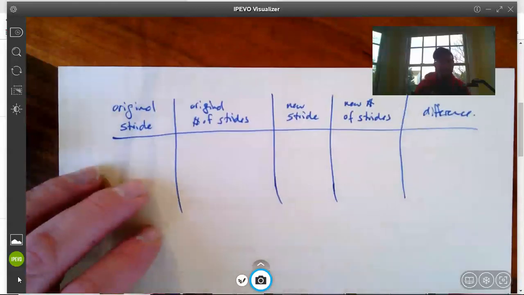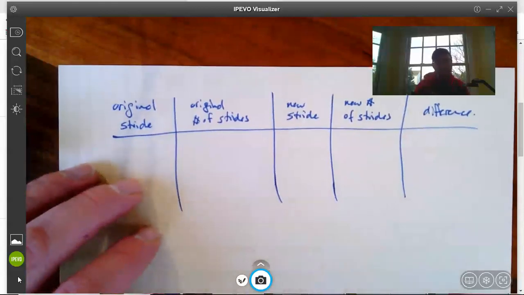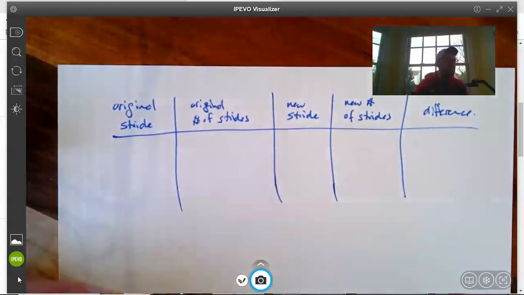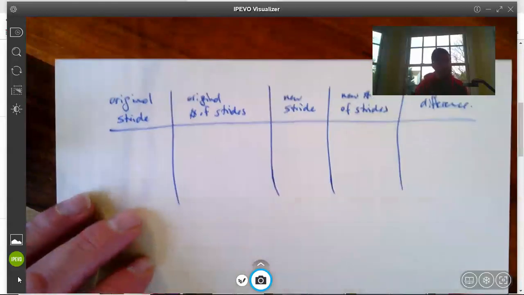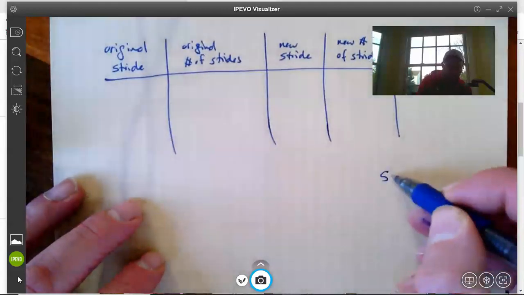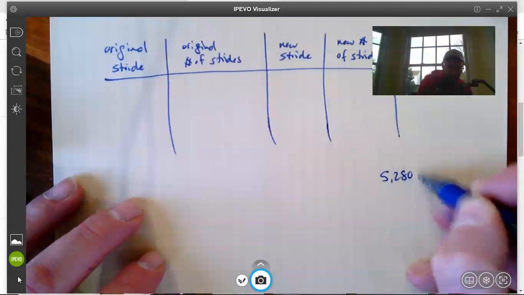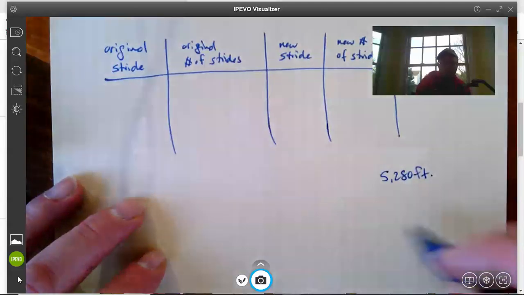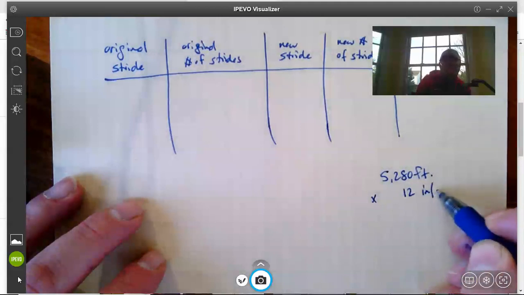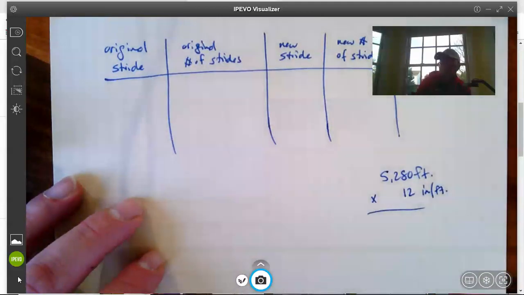Well, first of all, since we're measuring our stride in inches, and we're talking about walking a mile, we either need to change our stride length into miles or miles into inches. Probably better to turn our mile into inches. A mile is 5,280 feet, and there are 12 inches per foot.